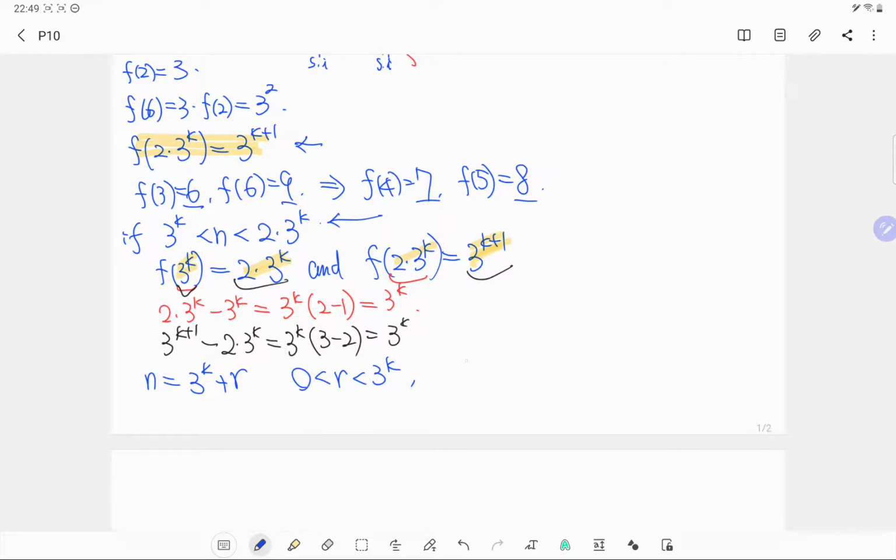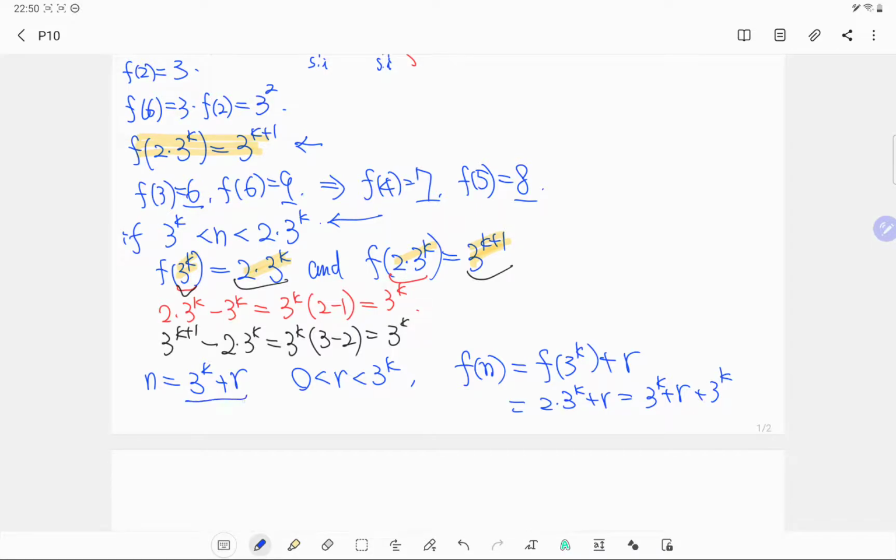Then f of n should be f of 3 to the k power plus r. So that is the only possible way that f is strictly increasing. And this is 2 times 3 to the k power plus r. So it is like 3 to the k power plus r plus 3 to the k power.